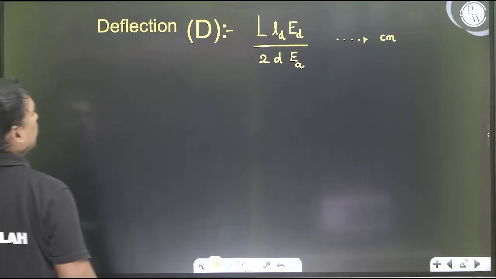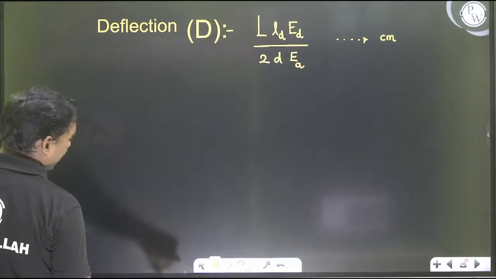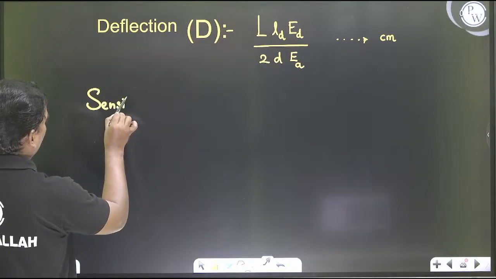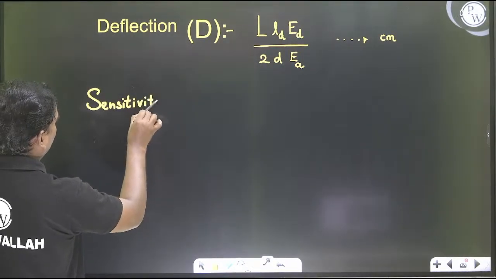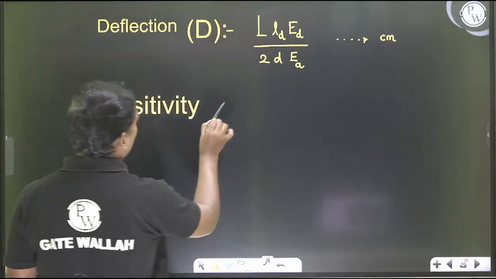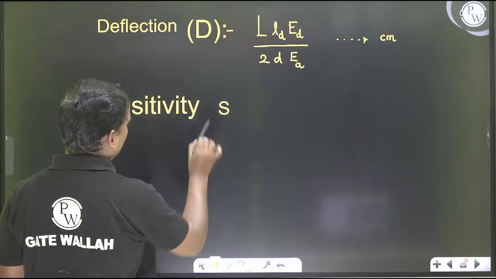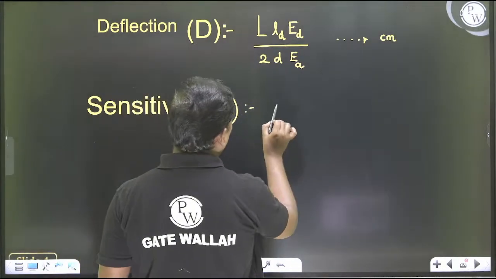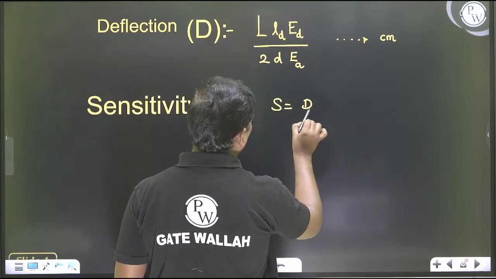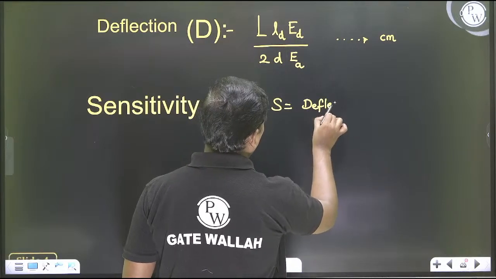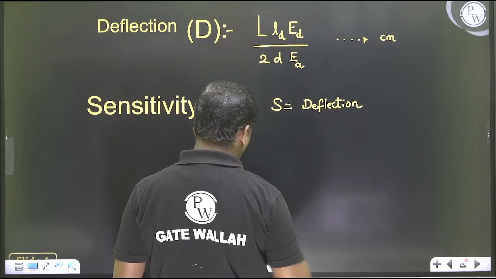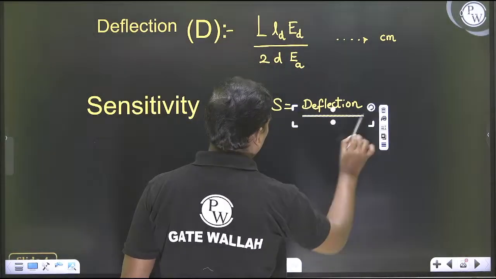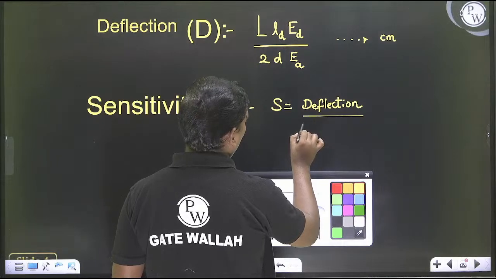Next, sensitivity. What do we call deflection sensitivity? Sensitivity is given by S. That S is nothing but deflection output by applied voltage.